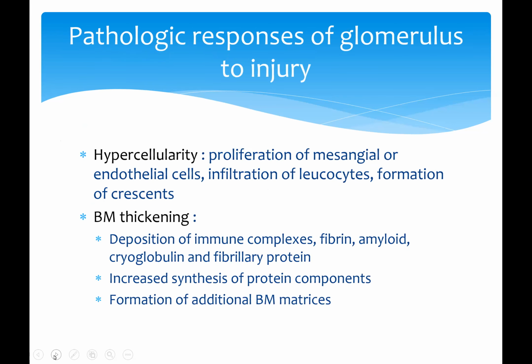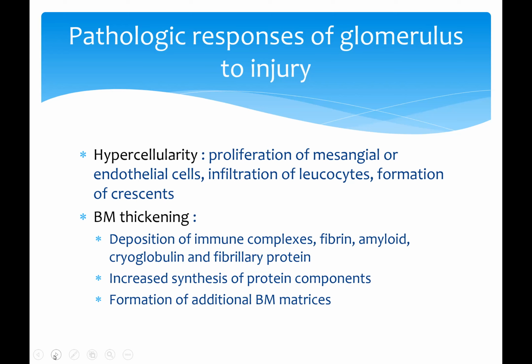So as a pathologist, if you are looking at a renal biopsy and you think that the problem is the glomerulus, then you have to look for the following characteristics. Number one is: is your glomerulus exhibiting increased cellularity? There are a number of inflammatory diseases of the glomerulus in which it tends to increase the number of cells in the glomerular tuft.